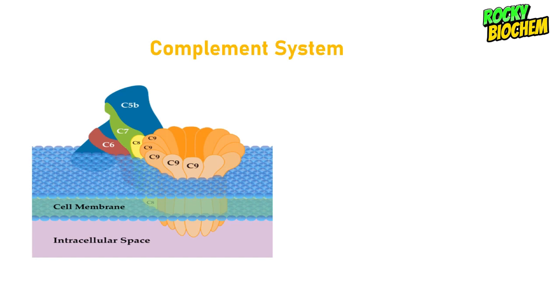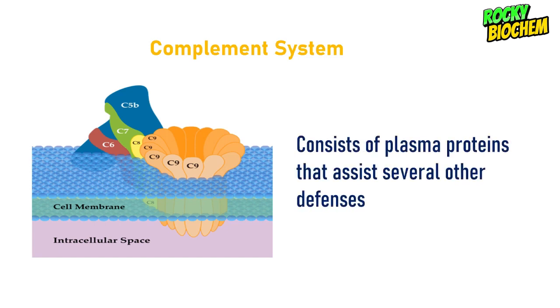Now, aside from inflammation, we have some additional classes of proteins that participate in innate immune response, and one of them is the complement system. The complement system consists of plasma proteins that complement several other defensive mechanisms. Some complement proteins puncture the bacterial plasma membrane, bursting the bacterial cells.